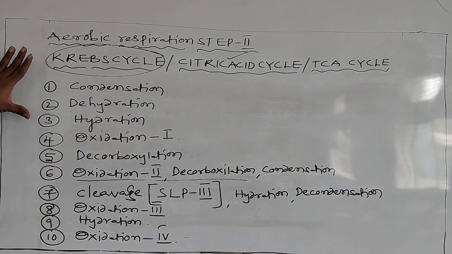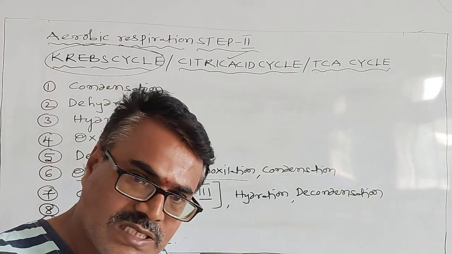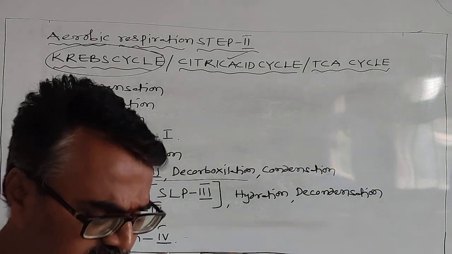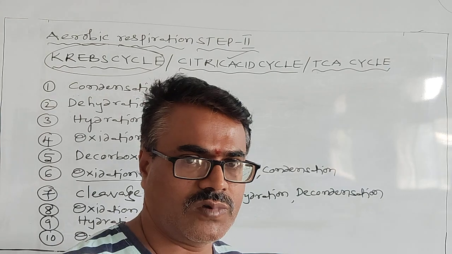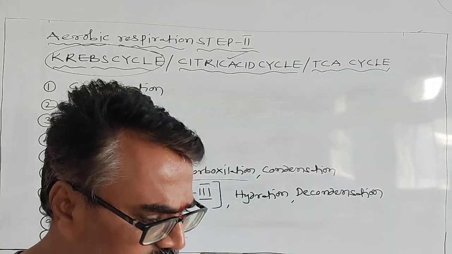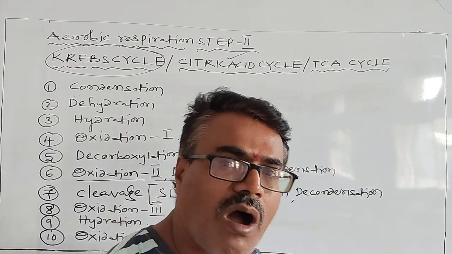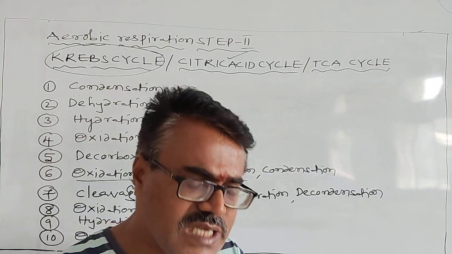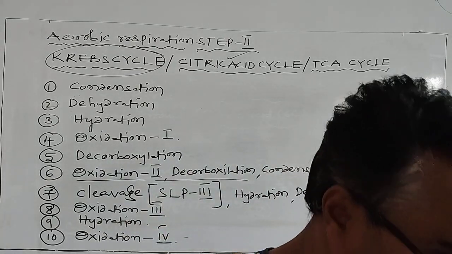One by one, I will also explain the definition of each chemical reaction. The first one is condensation. Condensation means addition. In this pathway, the Krebs cycle starts with acetyl coenzyme A, a 2-carbon compound.